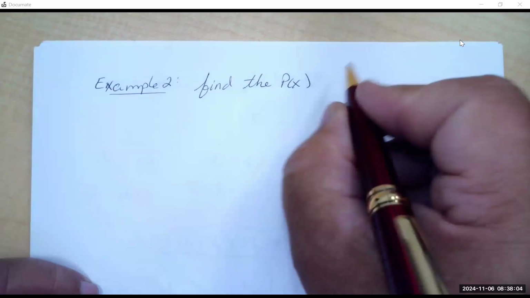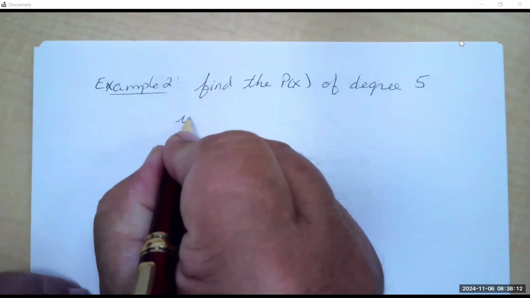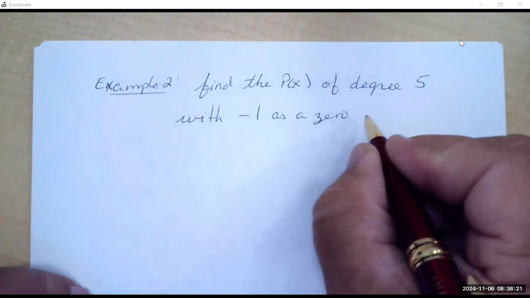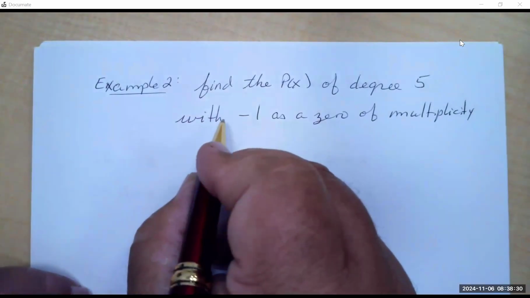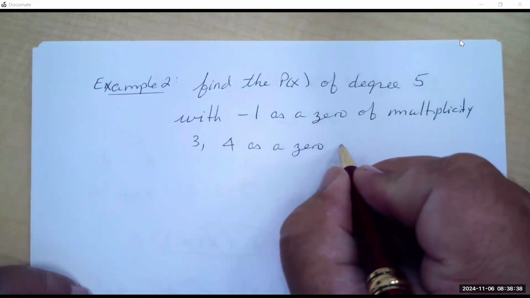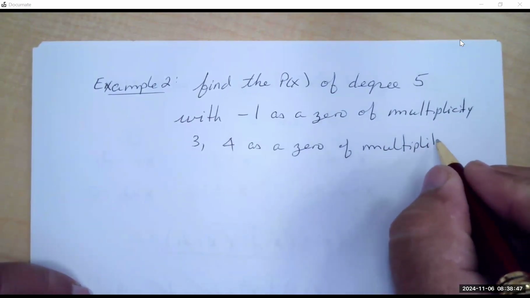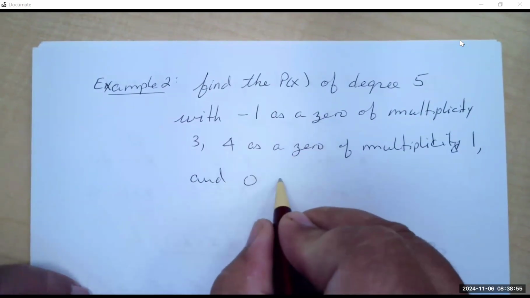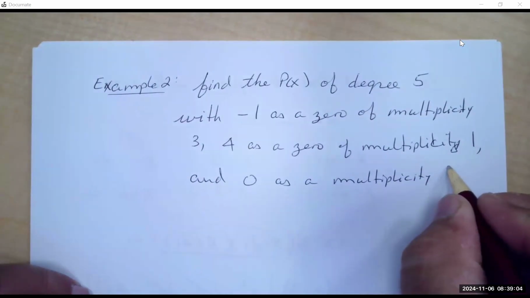Find the polynomial function of degree 5 with -1 as a 0 of multiplicity 3, 4 as a 0 of multiplicity 1, and 0 as a zero of multiplicity 1.